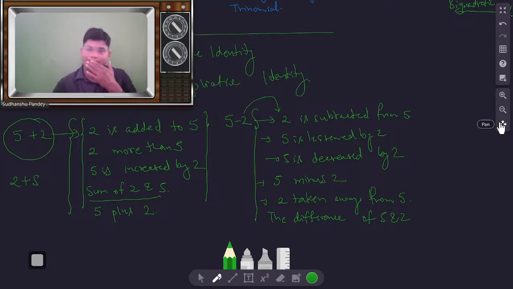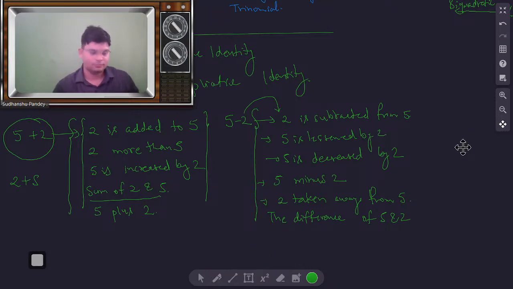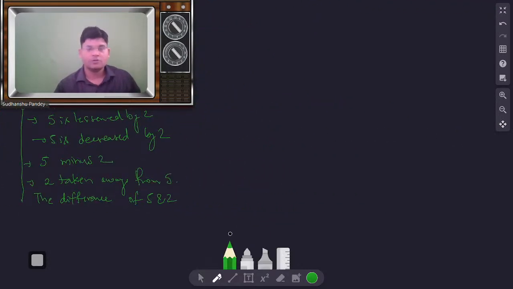Written? Yes, sir. Okay. So suppose now in the case of multiplication and division, I am writing both of them in the same column. Multiplication and division are a kind of same thing, as we consider the operations on variables.